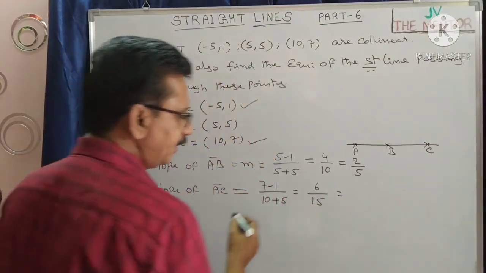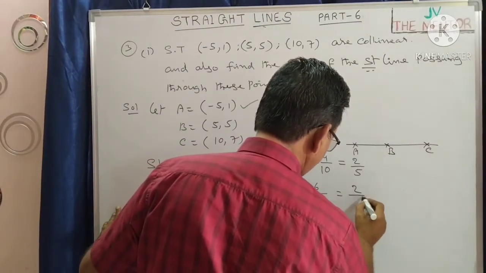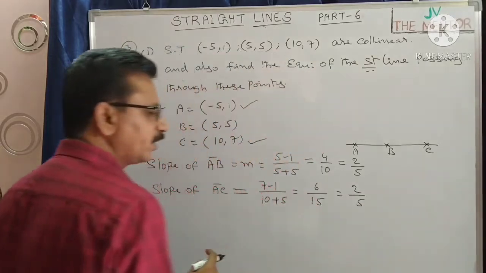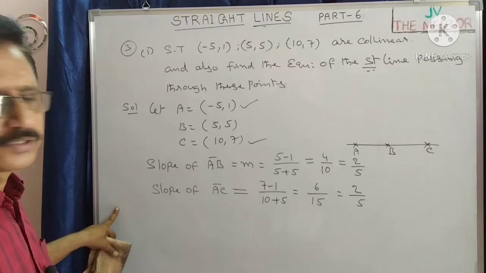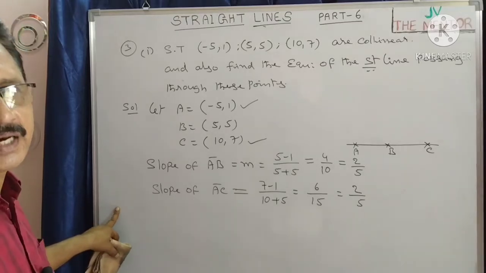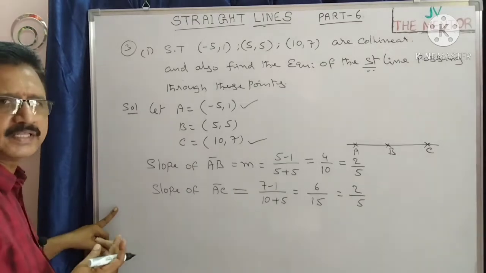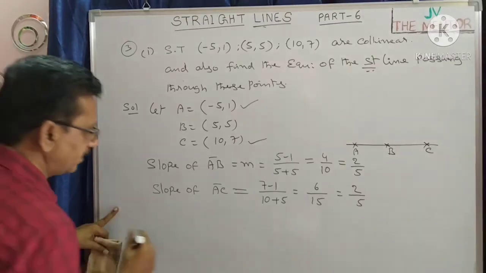6 by 15, 3 cancels. 3 2s, 3 5s. 2 by 5. Here slope of AB equal to slope of AC. So the points A, B, C are collinear. From this we can say that these 3 points are collinear.